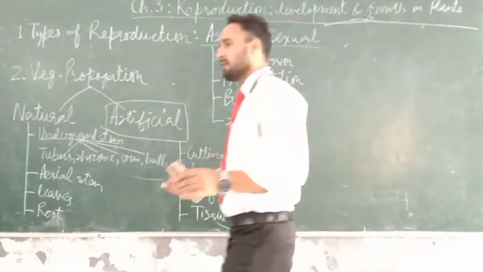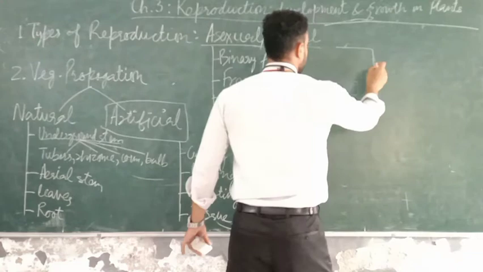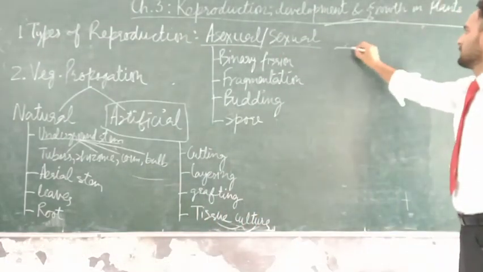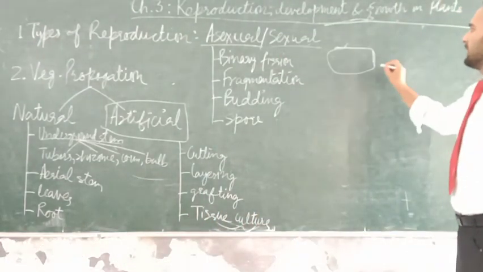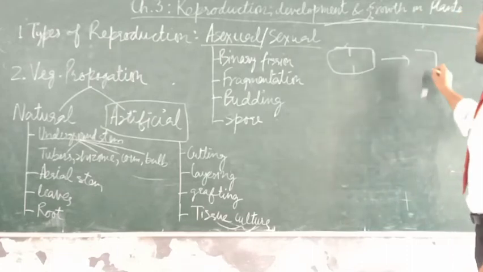In the case of binary fission, there is one parent cell, and this parent cell divides into two daughter cells.